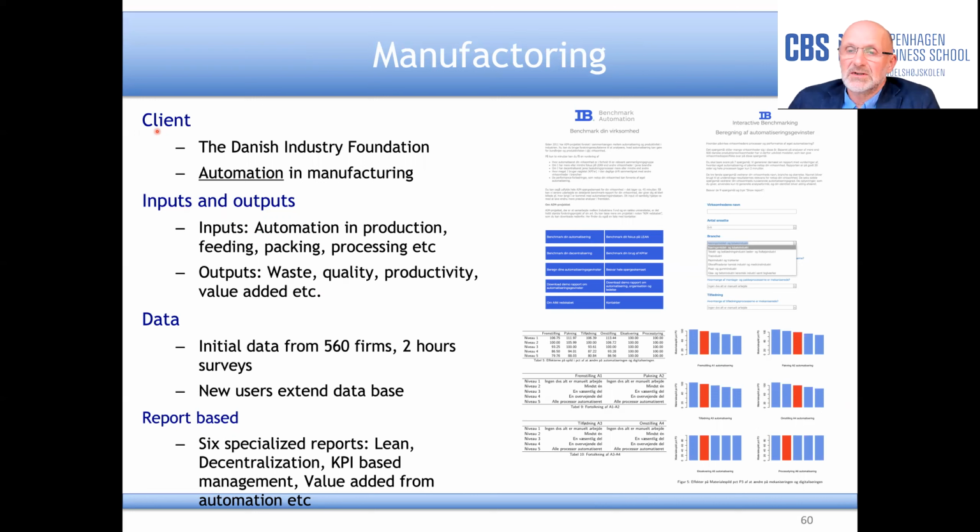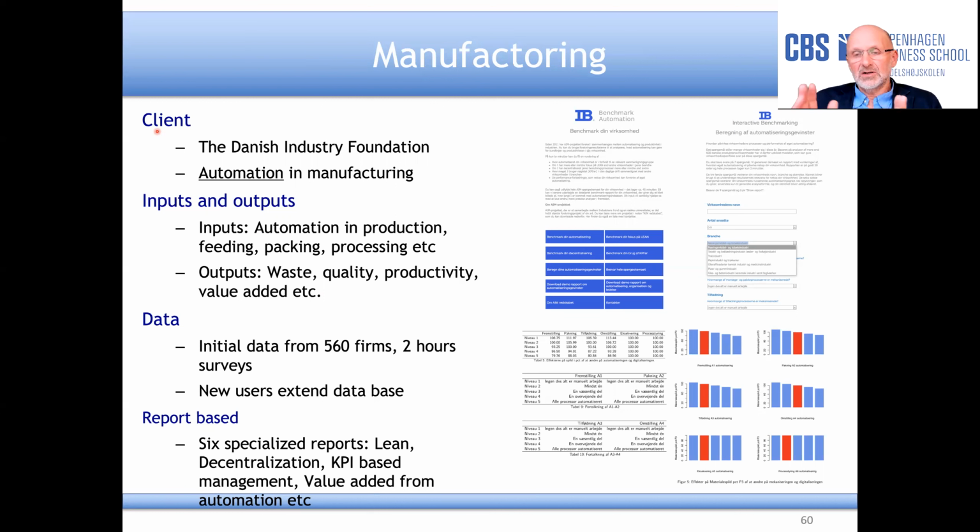So what we used is like a model where you could assume that you can automate different parts of your production process. We work with sort of production engineers how to describe a production process. So you could automate in the production, in the feeding of material, in the packing, in the processing, and so on. So there are different processes, 6 or 7 different processes you could try to automate.